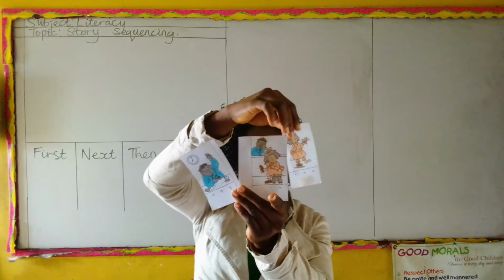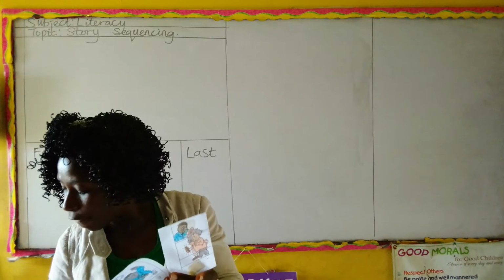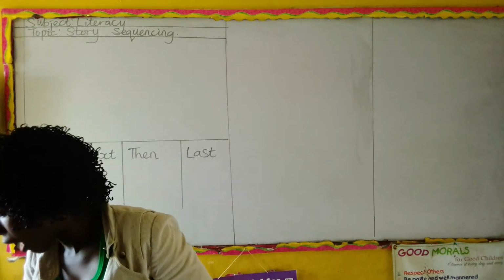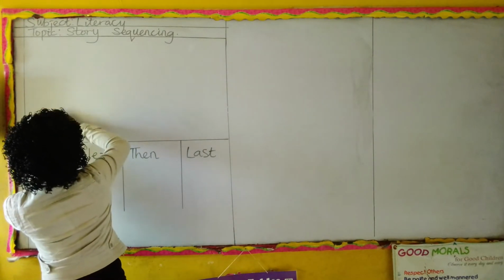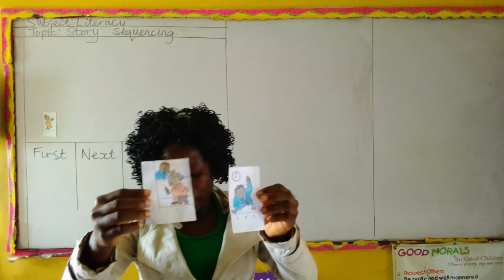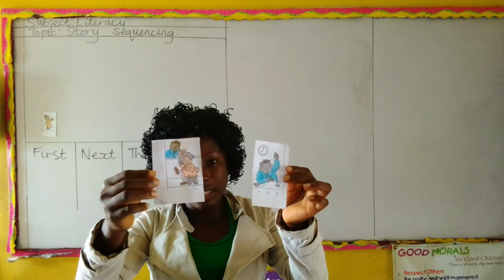Yes, a shoe getting spoiled should be the first. Very good, darlings. Okay, so cobbler, cobbler, mend my shoe. What should be the second sequence?